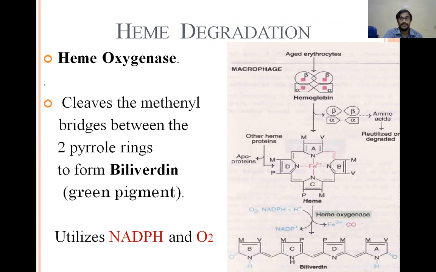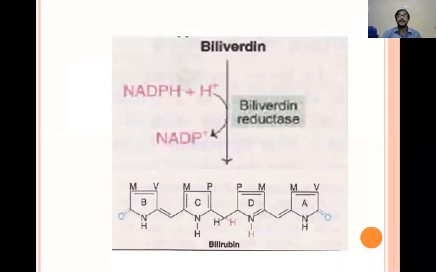This is the first step. The second step is biliverdin is converted to bilirubin in the presence of the enzyme biliverdin reductase. So these are the main steps in the degradation of heme: heme to biliverdin, biliverdin to bilirubin.